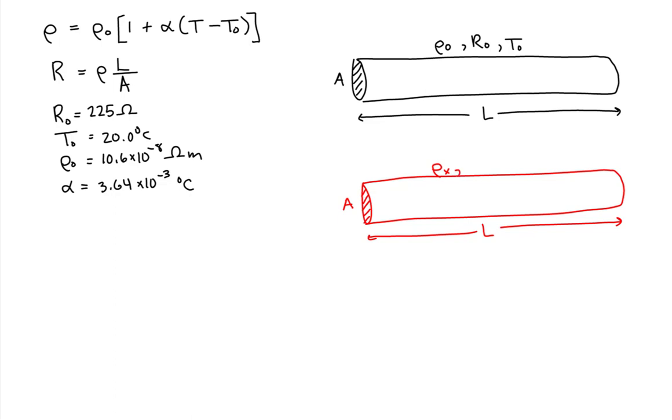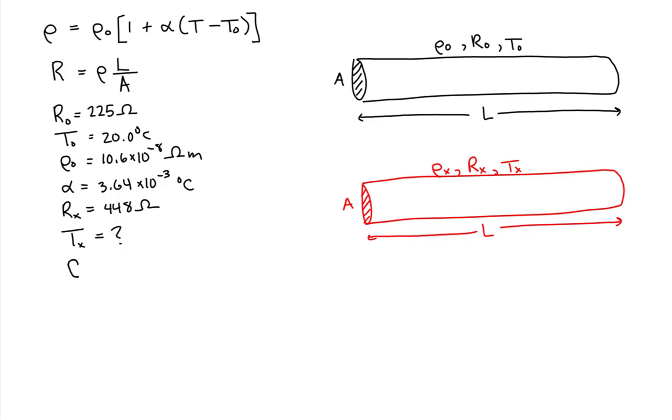Now the resistance is given, and the temperature is unknown, but that's what we're trying to find. So let's write those quantities down. Actually, let's start off with what we do know. We know that the resistance in our furnace is 448 ohms. The temperature in our furnace is unknown, but that's what we're trying to find.